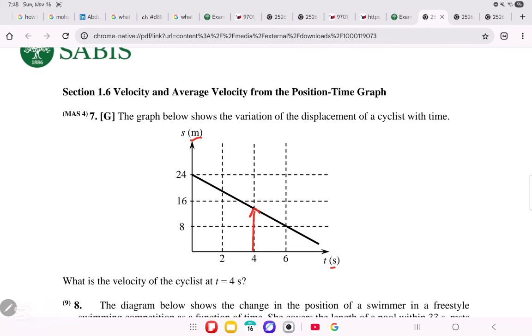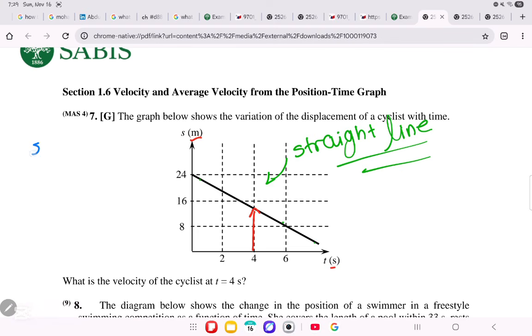Now, as you can see, we have a straight line, right? So what does it mean if we have a straight line? That means wherever we put a point on this straight line, it's going to have the same slope. That means all throughout the line, we have the same slope. So what is the slope of a position time graph?